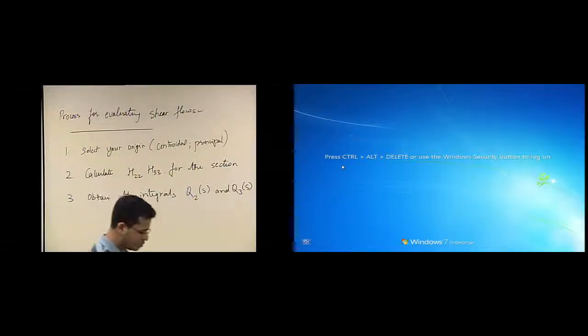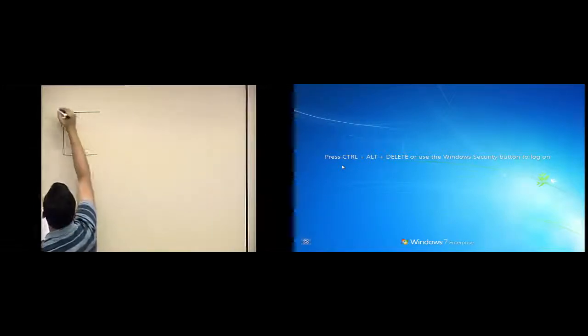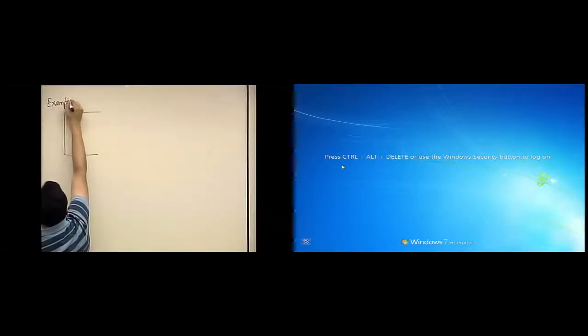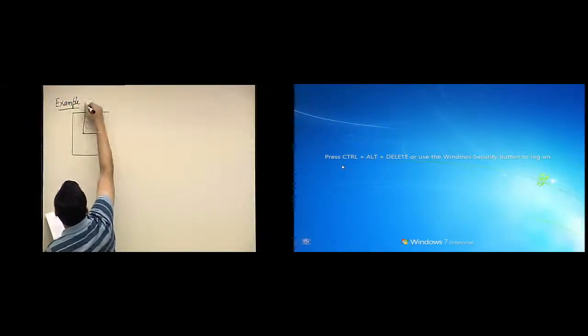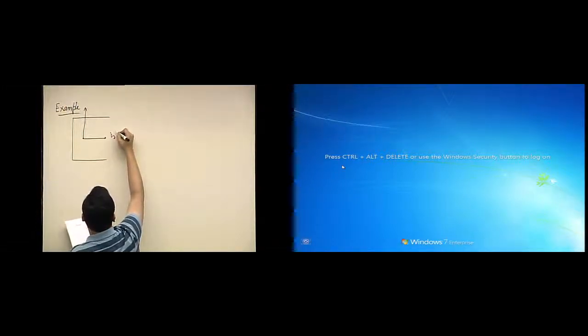Okay, so let's do an example. We have a cross section. I'm marking star for the centroidal principal axis bending frames.